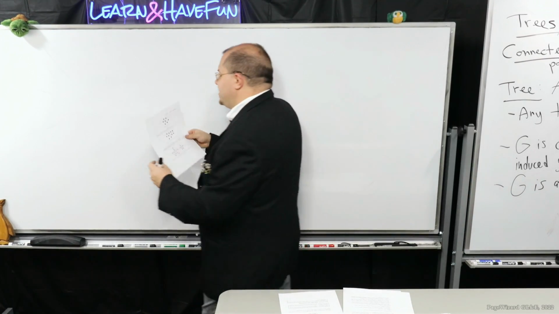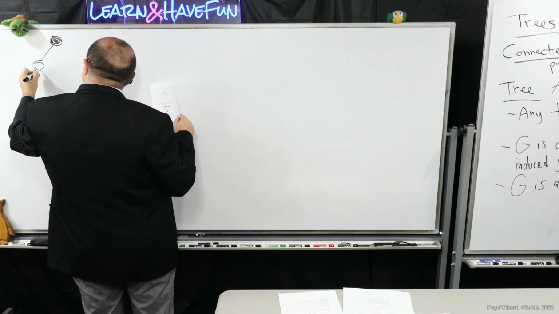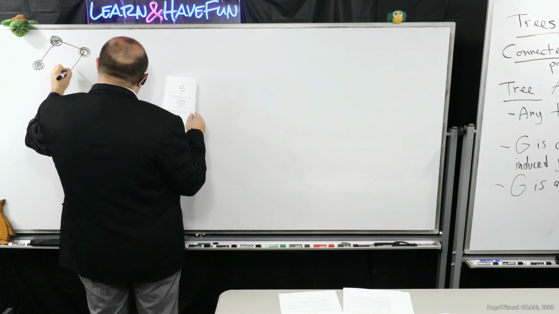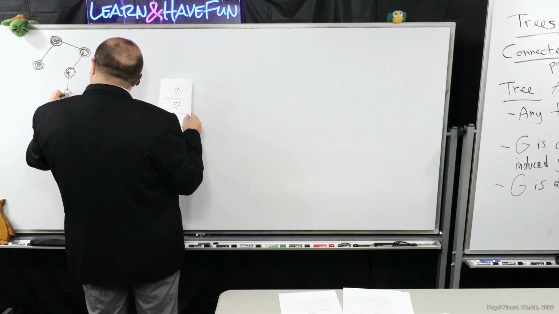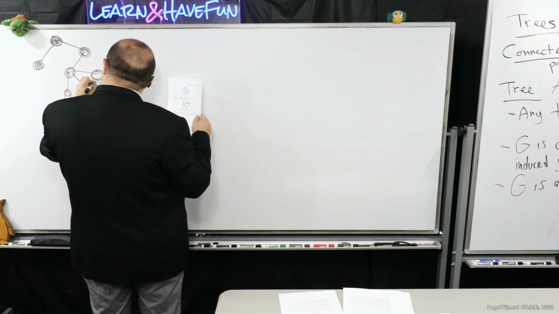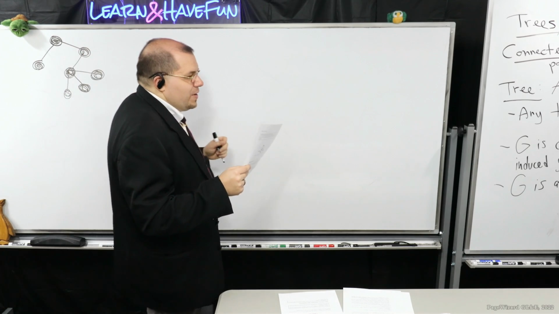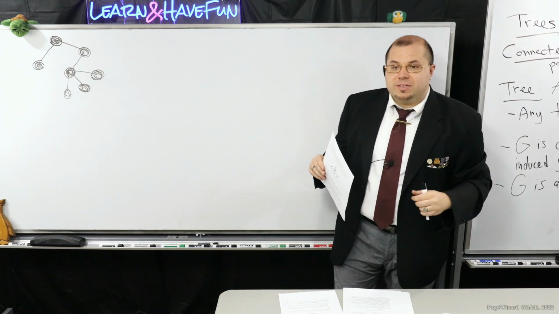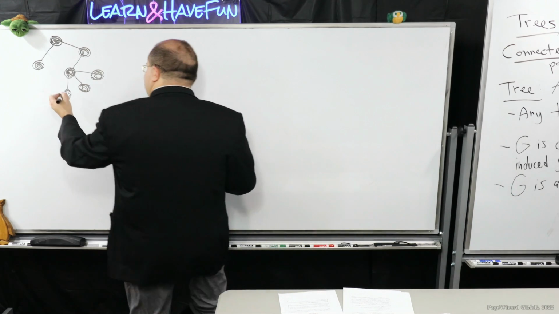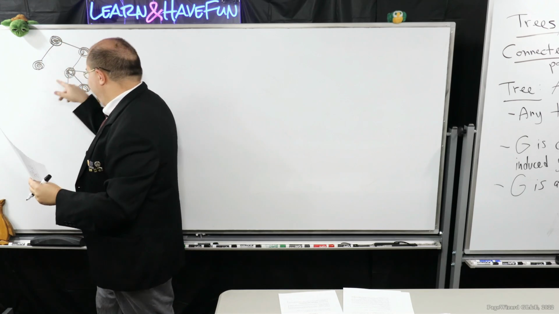So here's an example of a tree. Here's a tree. Notice that you can pick up any one of the alternative definitions or my definition over there, and you can apply it and you can check that this is in fact a tree. So you'll notice that there are no cycles in this graph. But notice that if I were to add, say, an edge right here, it actually creates at least one cycle. It'll create one right here.